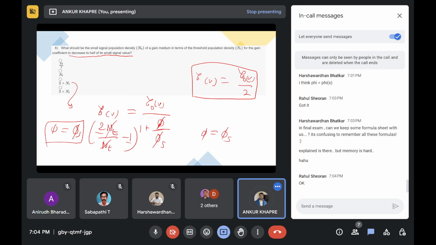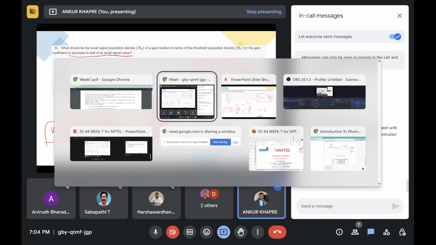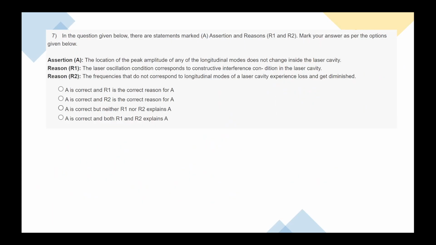Then question number 7. Question 7 is saying, in the question given below, there are two statements marked A, assertion, and reasons R1 and R2. Mark your answer as per the options given below. Assertion A: the location of the peak amplitude of any of the longitudinal modes does not change inside the laser cavity.